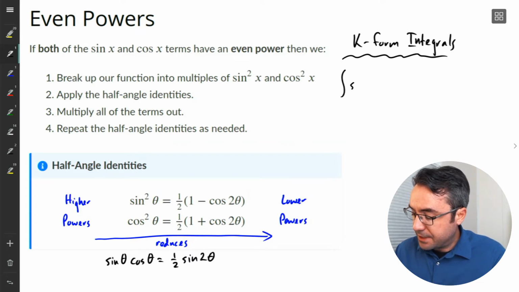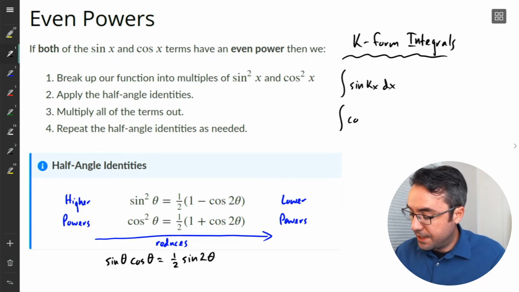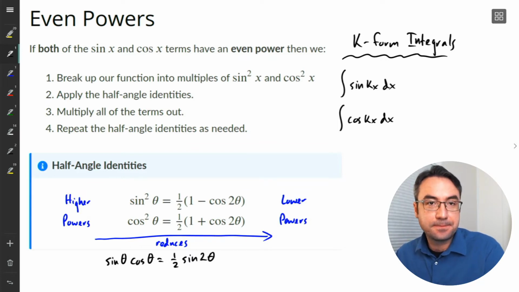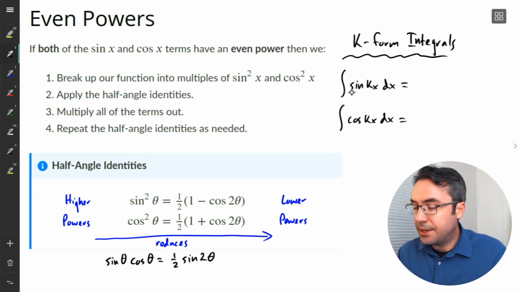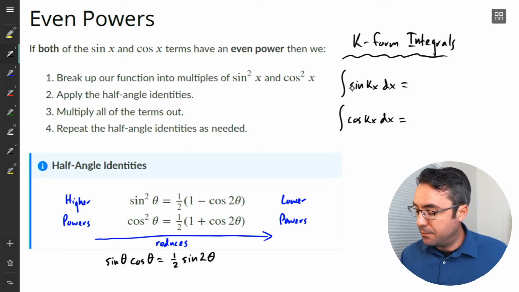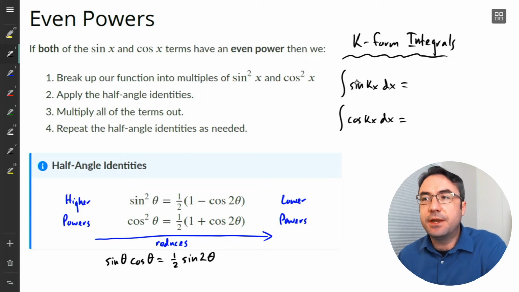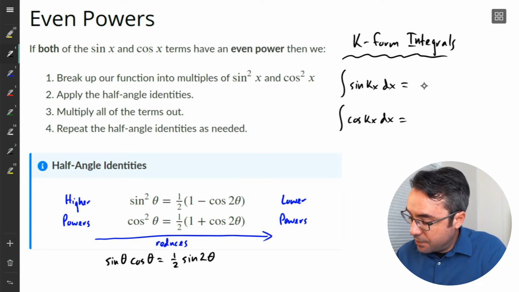This would be things like the integral of sine of kx dx, where k is a constant, and the integral of cosine of kx, where k is a constant. How we handle these is we integrate the trig part just like we normally would. Really, these are u-substitution, but we probably just have these memorized. So the antiderivative of sine is negative cosine.